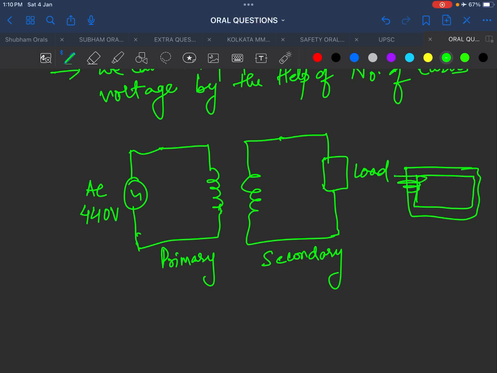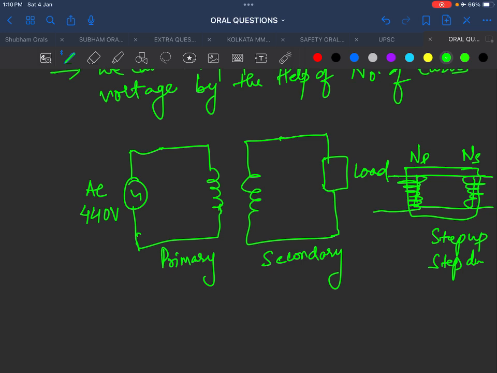We do the winding with n turns on the primary and n turns on the secondary, and based on this winding on the core, we do step up or step down.